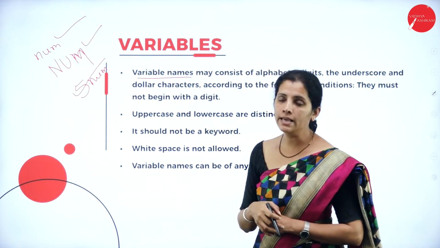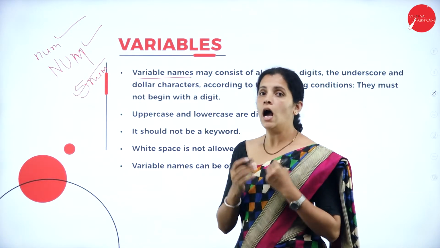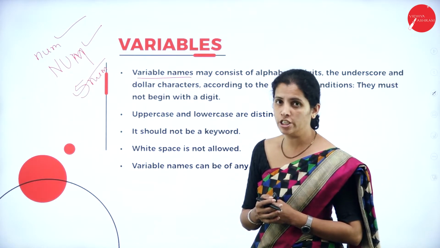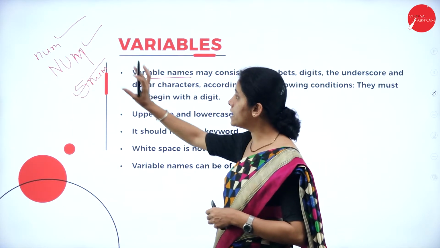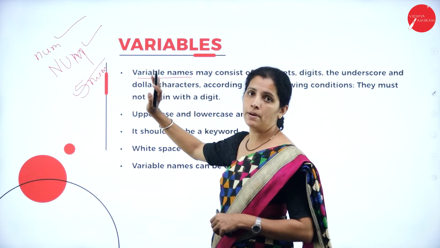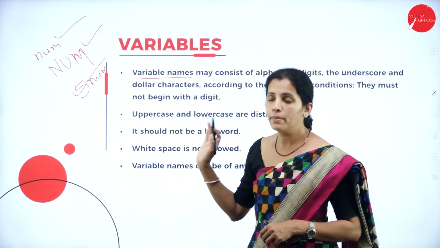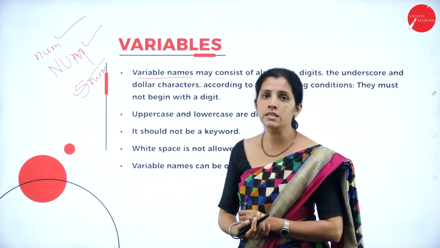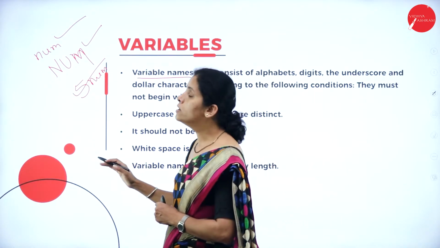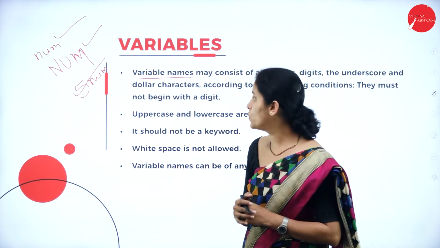That means while defining variables, I can mix uppercase letters, lowercase letters as well as digits. But whatever variable I define at the beginning, the same variable I have to use throughout the program, because Java is case sensitive and I cannot use different variables in my program.